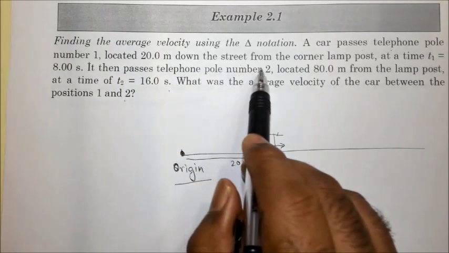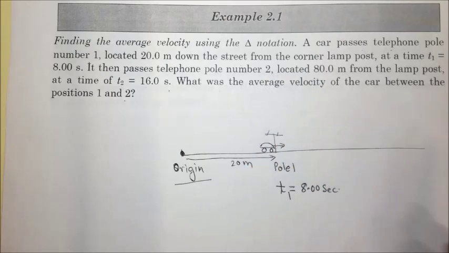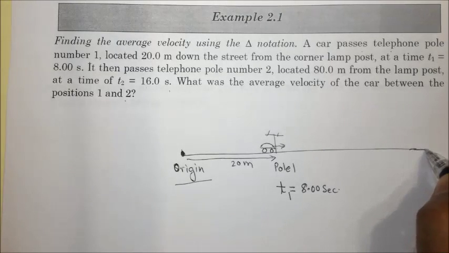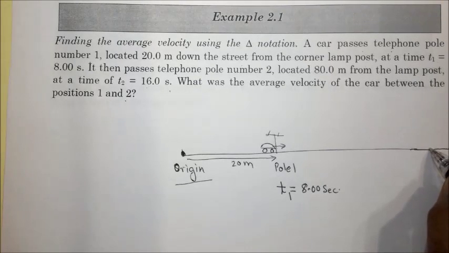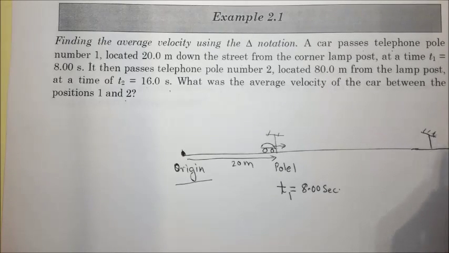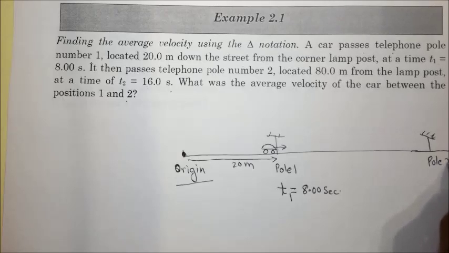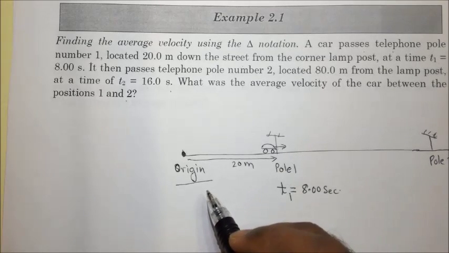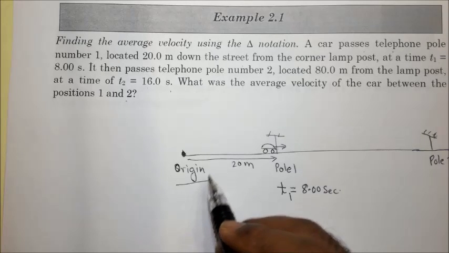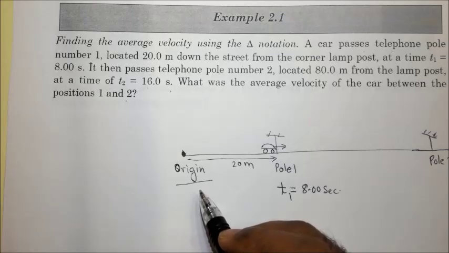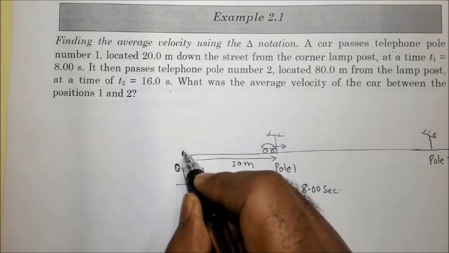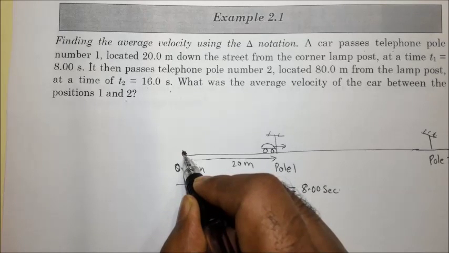It then passes telephone pole number 2. So there is a pole number 2 somewhere. This is pole number 2, and this pole is 80 meters from this origin. This origin is a lamp post.